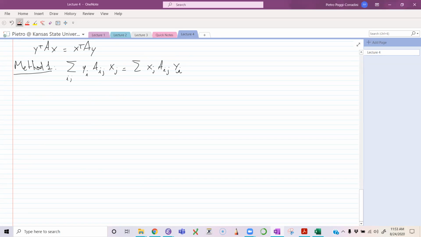And then because the matrix is symmetric, you can switch i and j there. And then i and j are just dummy variables. You can call them whatever you want, so you can also interchange them. And now you found this. Is that what you were thinking? Yes, exactly.